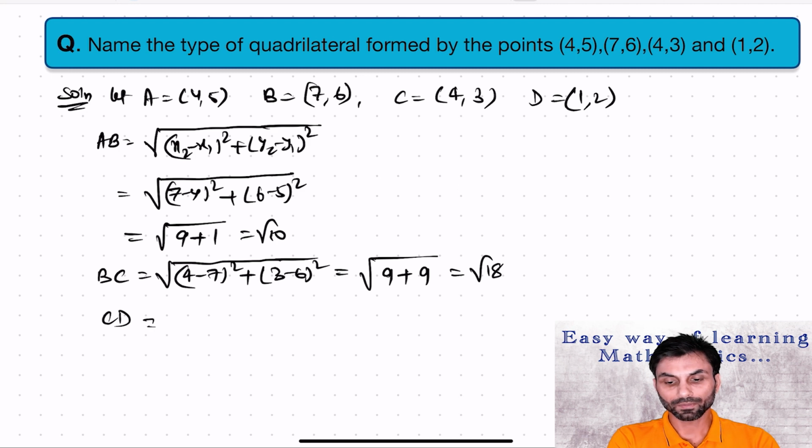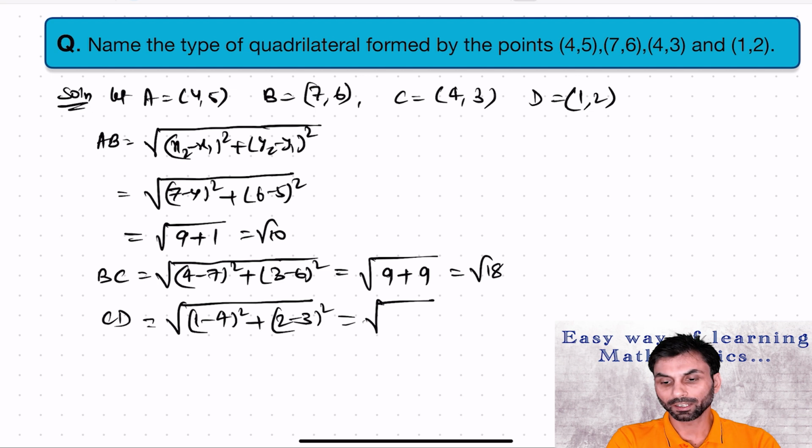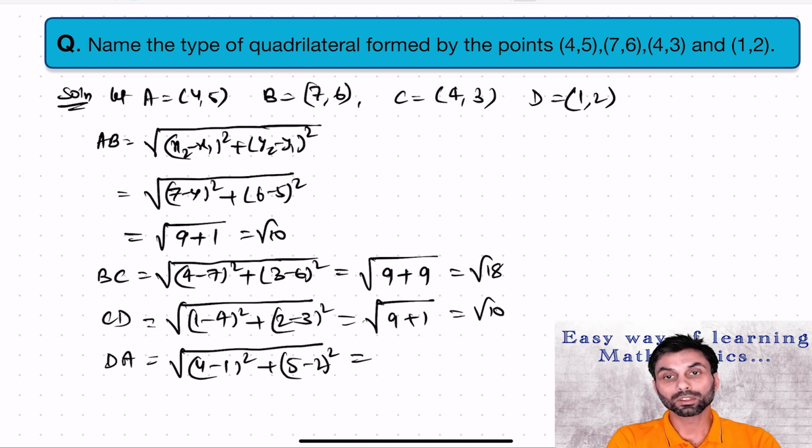Next is CD: (1 minus 4) square plus (2 minus 3) square, which is 9 plus 1, which is root 10. Then the DA length equals (4 minus 1) whole square plus (5 minus 2) whole square, that is root 9 plus 9, which is root 18.